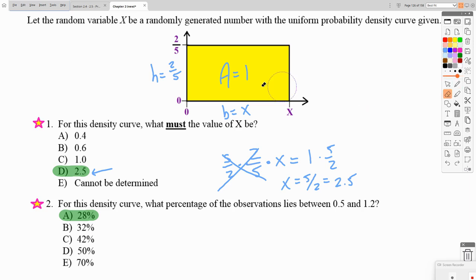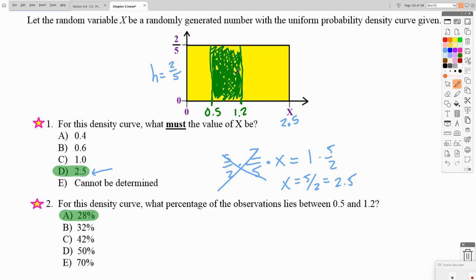Then for number 2, it took it one step further, and you didn't really need to know that x was 2.5 to be able to do number 2. But it said what percentage of the observations lies between 0.5 and 1.2. So I roughly estimated where I thought 0.5 was, and roughly where 1.2 is, and then I went up the curve and marked off these regions, and we wanted to know the area in between. So really I've got the area of a smaller rectangle.